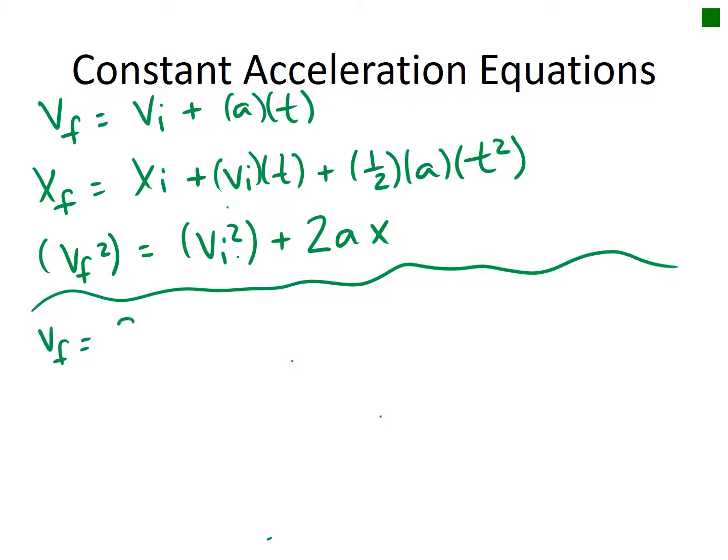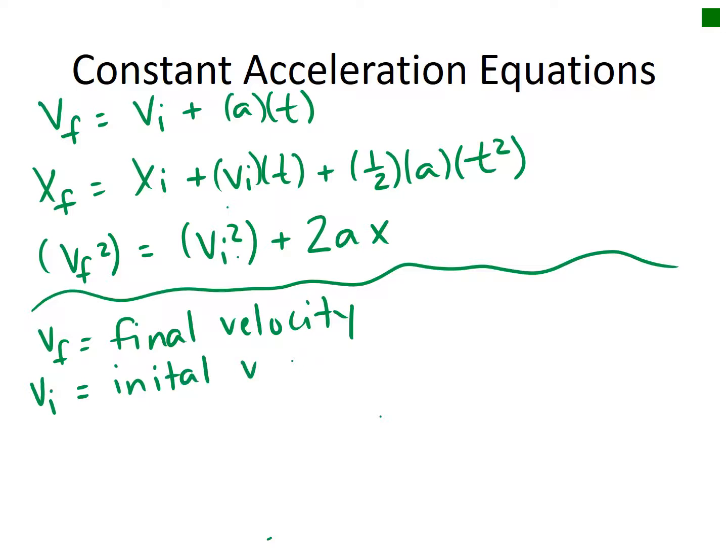VF is the final velocity, so the velocity that ends the motion. VI equals the initial velocity, so the starting velocity. A is acceleration.